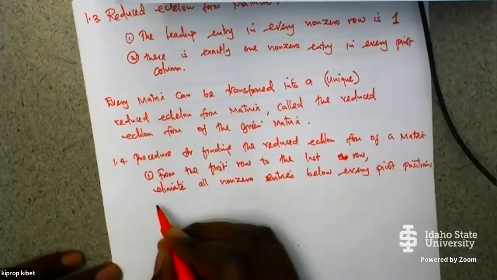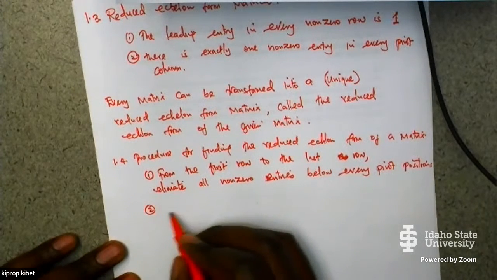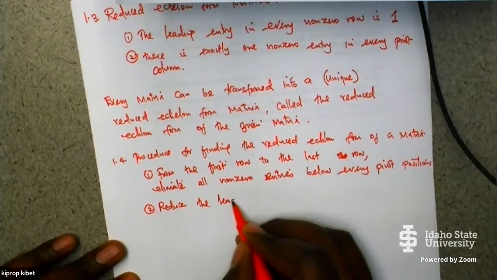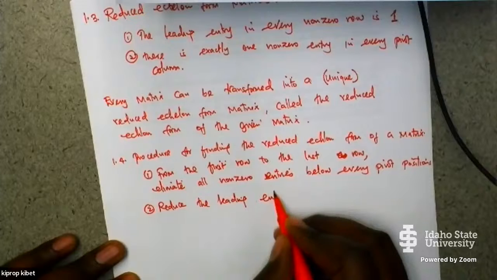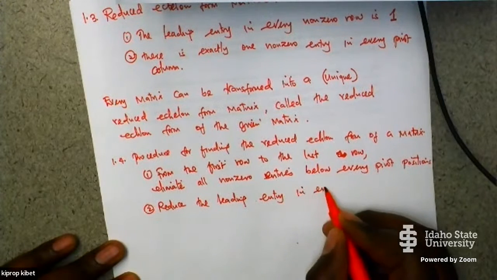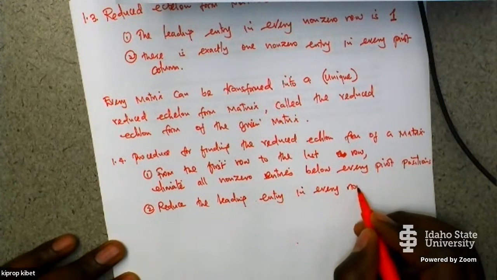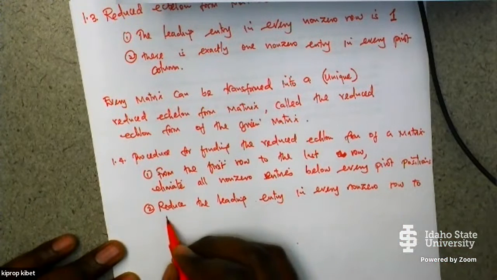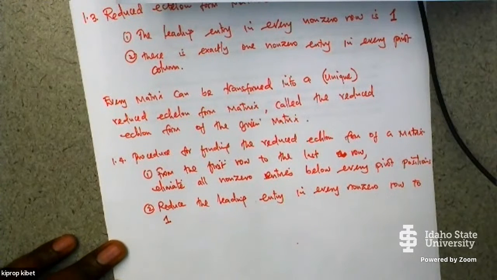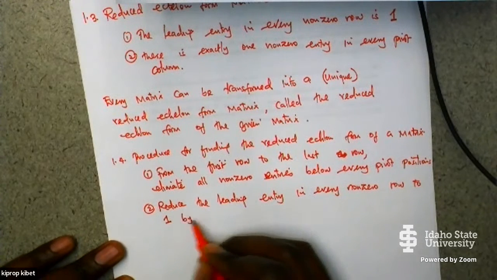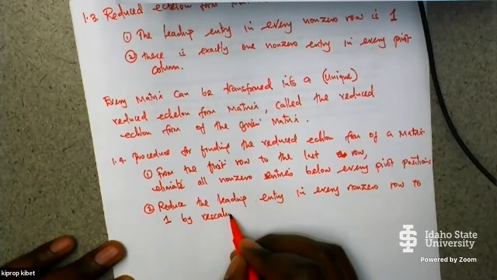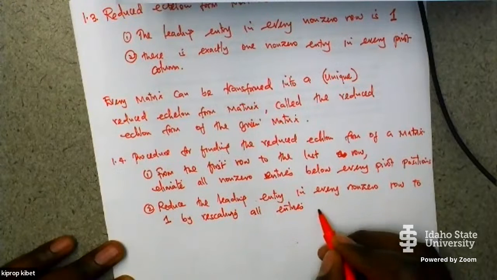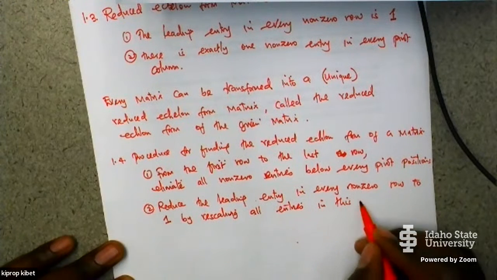The second one is you need to reduce the leading entry in every non-zero row to one by rescaling all entries in this group.